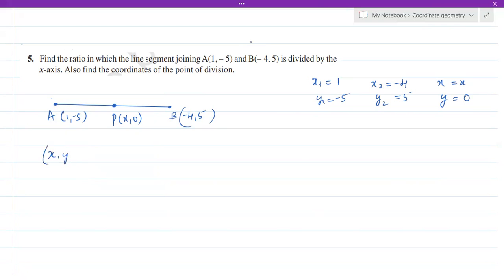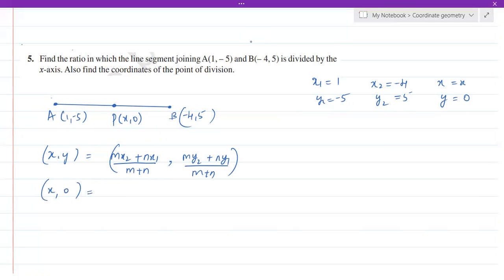x comma y is equal to (mx2 plus nx1) divided by (m plus n), comma (my2 plus ny1) divided by (m plus n). So here x is x itself, but y is 0.